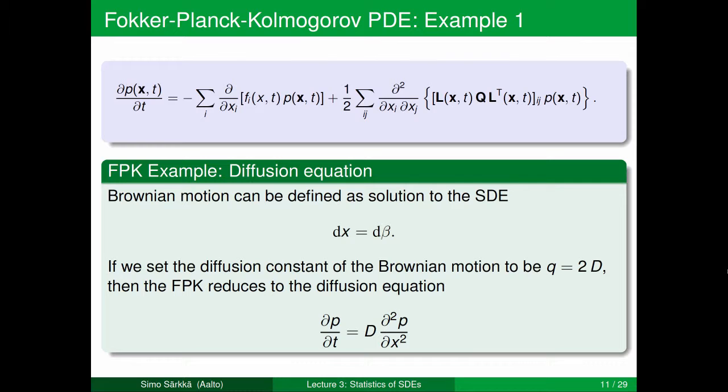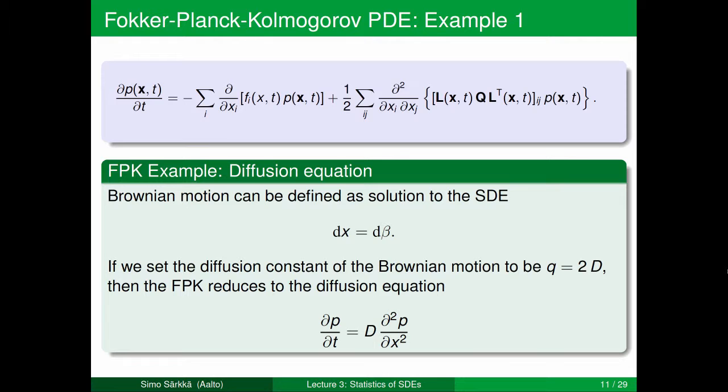Assume that our SDE is actually given by dx is equal to d beta. Of course, this is just another way of saying that x is equal to beta, but in this form it's easier to see that it's actually a special case of an SDE. Let's assume that the diffusion constant of the Brownian motion is equal to 2d.